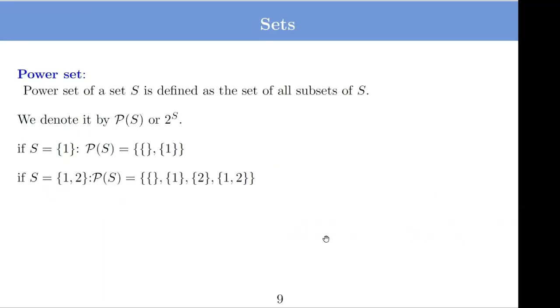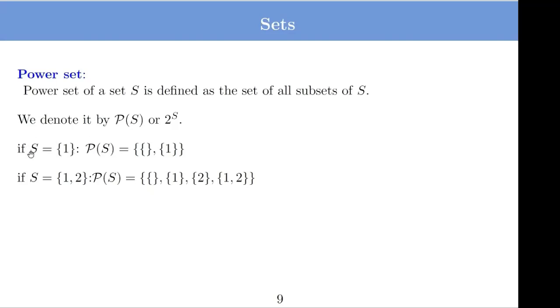And then once you have defined a set, another important thing is something called the power set. So the power set of a set S is a set of all subsets of S. So the power set is a set of subsets, right? Each element of the power set is a set, which should be a subset of S. So if S just has one element, 1, then the power set would be, what are the subsets of this S?